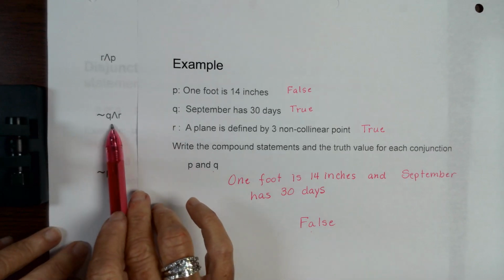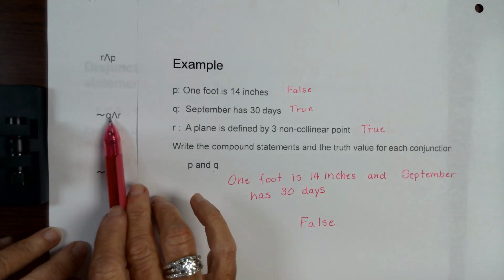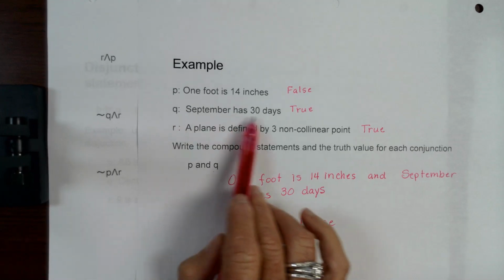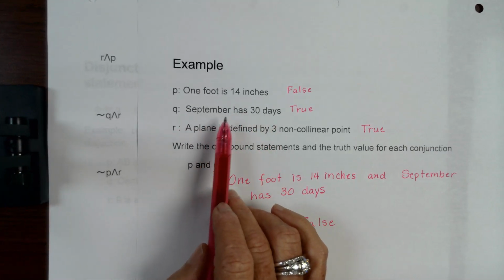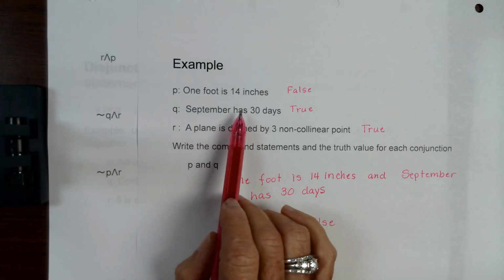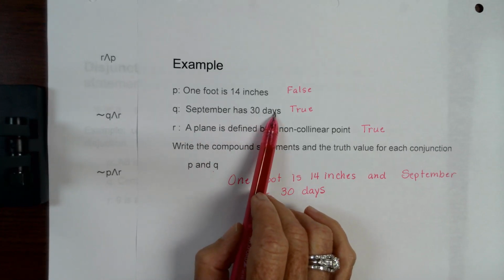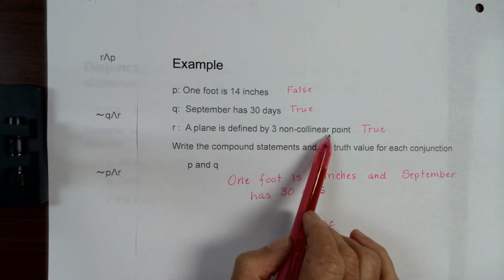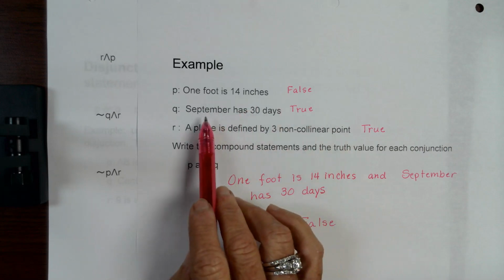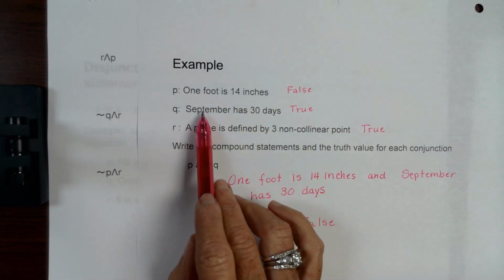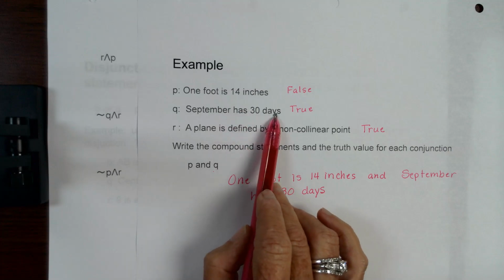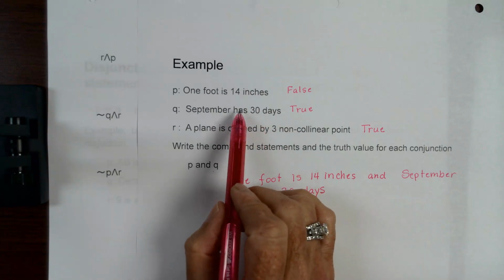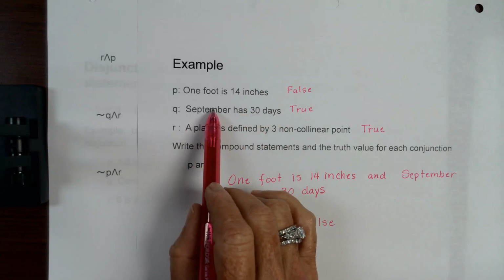Then if I come down to this one, this is the negation of Q and R. I'm going to take this statement and put a not in it: September does not have 30 days, and a plane is defined by 3 non-collinear points. Now, saying September does not have 30 days becomes false, so the negation is false.